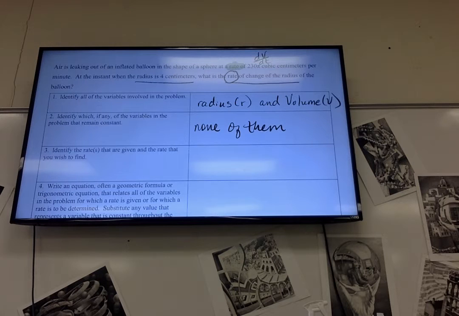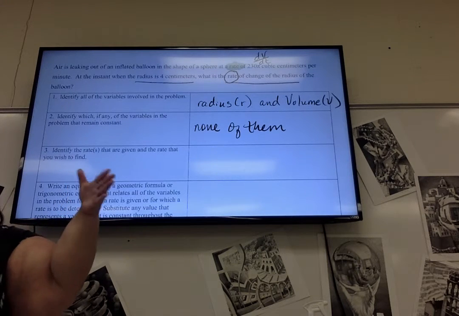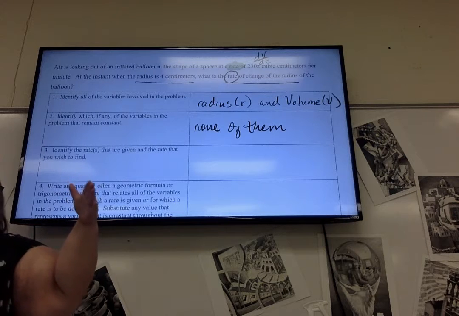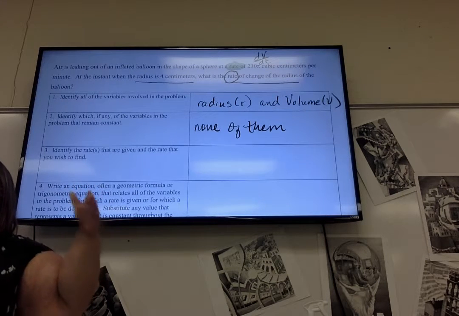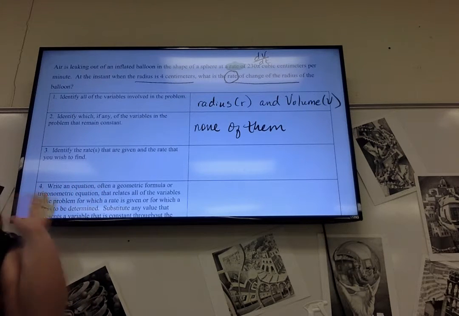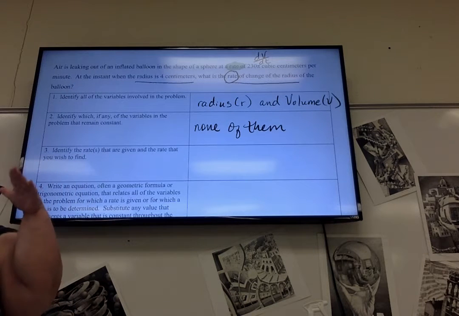A good example of something that does stay the same is a ladder that is a certain number of feet long. That's a constant.